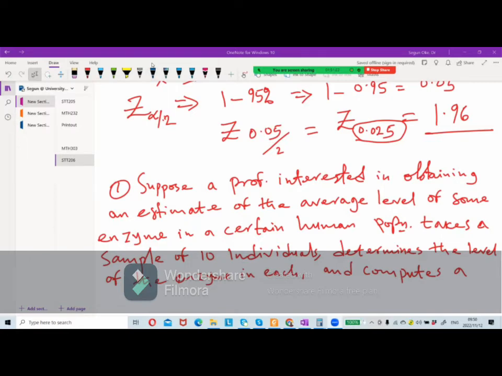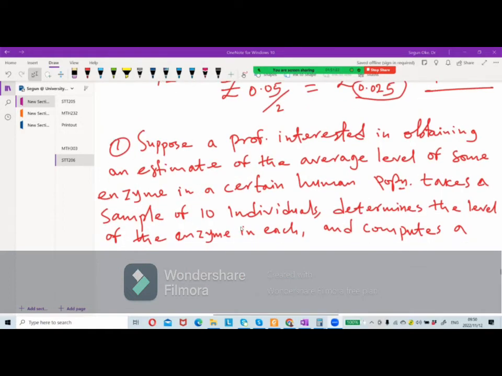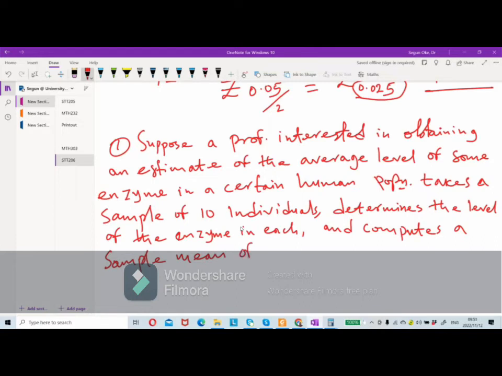Determine a sample mean of X bar equals to 22.